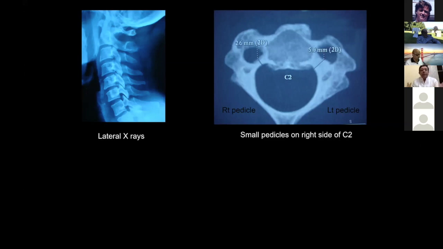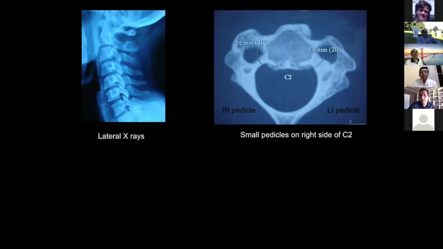So on the second aspect, what kind of posterior instrumentation can be used? It's a very, very widely distributed voting here. C1, C2 fixation is agreed, that is from the posterior aspect. But when you carefully look, C1, C2 fixation would have to be unilateral, because on one side the C1 lateral mass is gone.